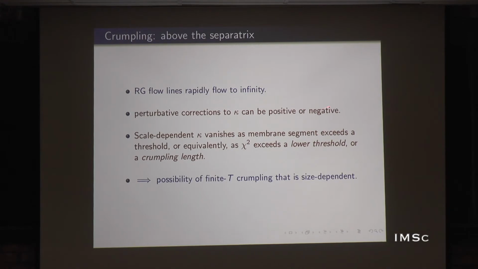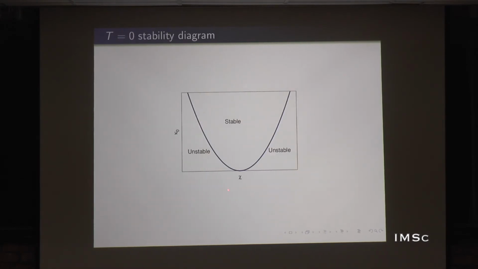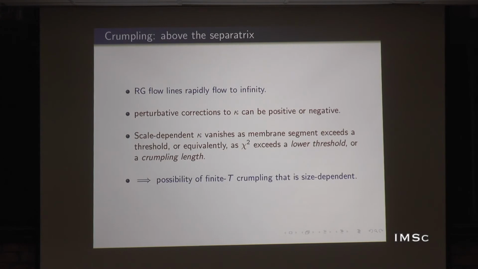So you have no idea whether ultimately the renormalized bend modulus will be positive or negative, which is a somewhat worrisome thing, but it basically means the scale dependent renormalized bend modulus can vanish as the membrane segment exceeds a particular size, or equivalently, look at this picture, this thermodynamic coefficient chi exceeds the lower threshold or a crumpling length.